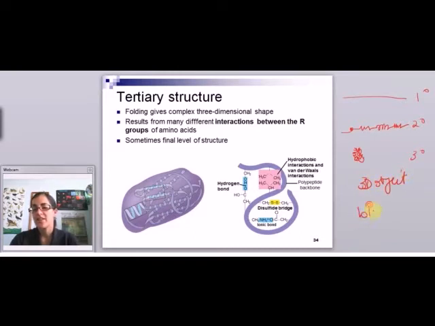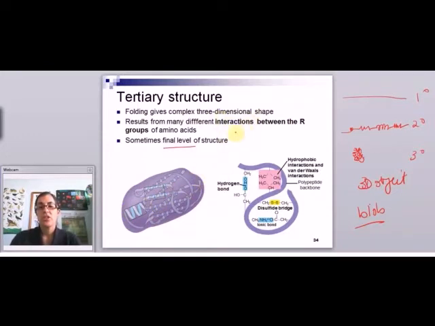And again, it's like the blob, right? But not the blob in a random sense, because this is now the final shape of the protein for many proteins. For some proteins, they're done. This is now a functional object that can go out into the cell and do its work.